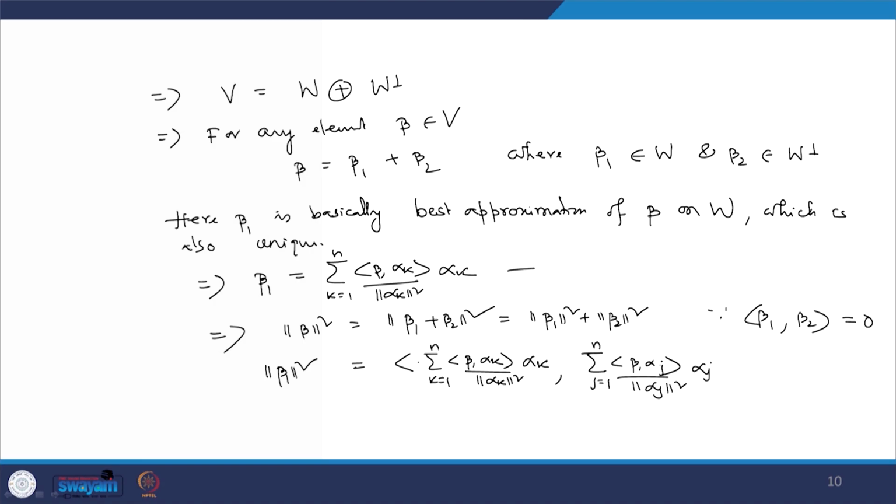If I use the basic definition of inner product and use the orthogonality of the alpha i, this will give me the sum of the mod of the inner product of beta and alpha k squared by norm of alpha k squared only, k equal to 1 to n. You can check as homework that this is correct.